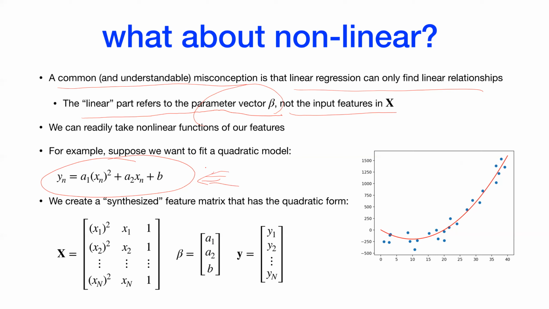To achieve this, the only thing you need to modify is to make your feature matrix contain some of the high degree terms. We consider the quadratic here. Of course, you can raise the power, you can consider the cube, or even raise the power to 4 or 5.